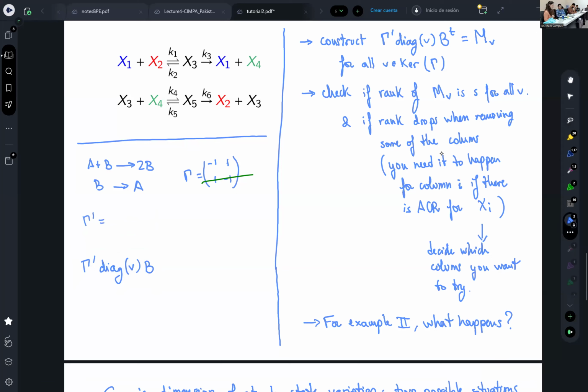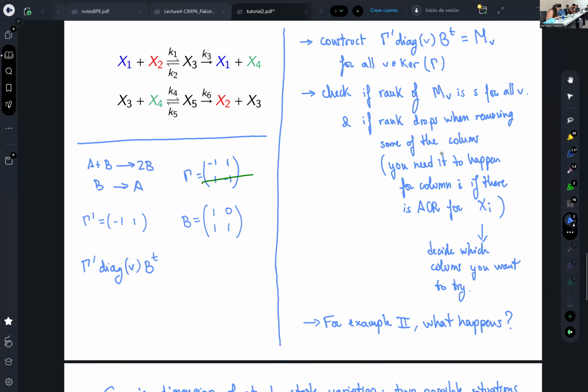So I can remove one linearly dependent block. I can choose, but maybe let's remove the second one. I have the matrix that encodes the reactants. In the first column, there is A and B. In the second column, there is only B. Sorry, I forgot here to write transpose.